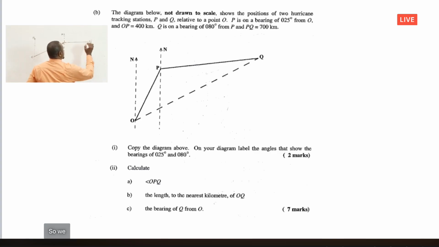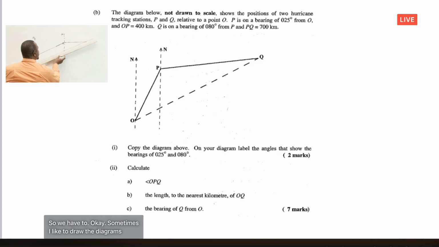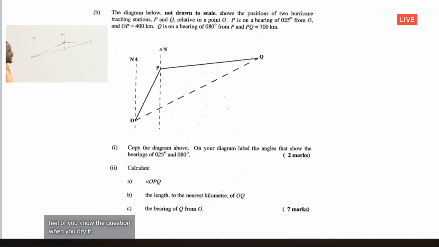So we have Q. Okay, sometimes I like to draw the diagrams because it gives you a good feel of the question. When you draw it, right away you can actually get a good sense of what is happening in the question. Now, so let's use this as a representation of the diagram. Because it's not drawn to scale, so it's okay.